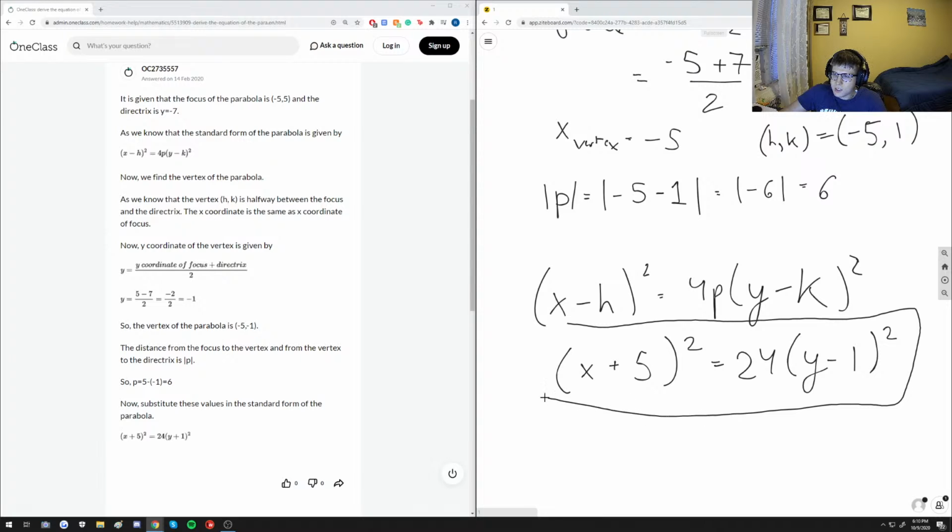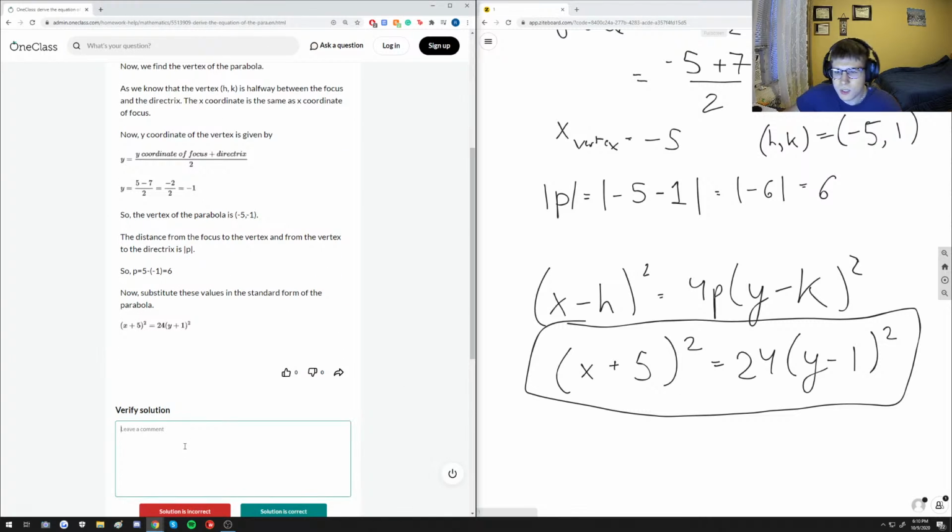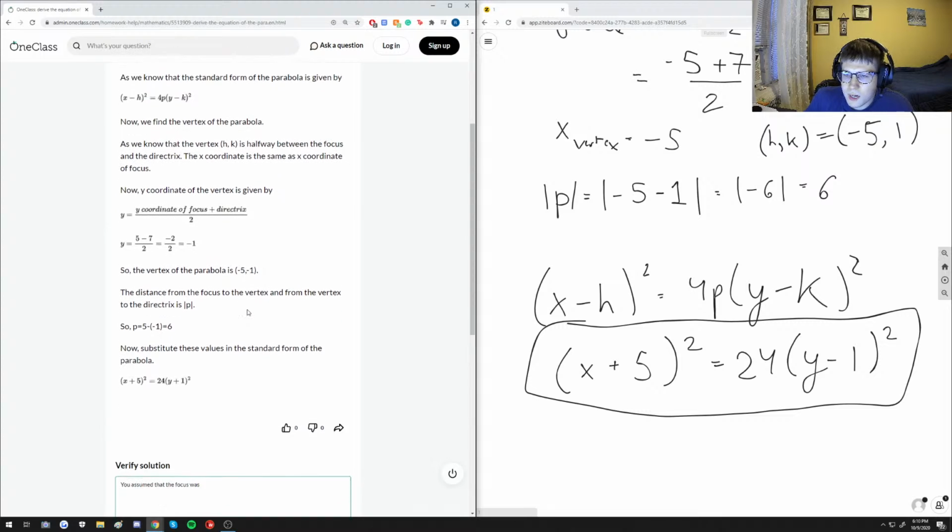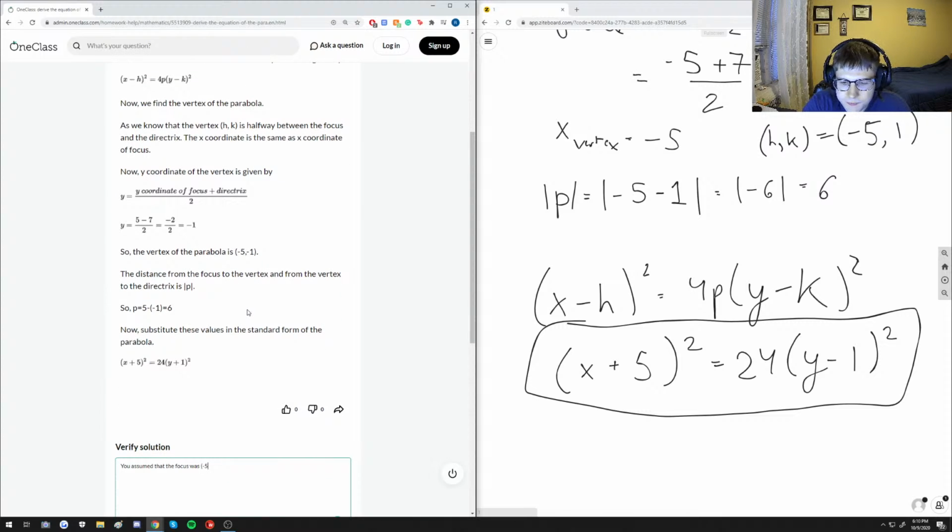Because the location of the vertex was incorrect, I will have to point that out. You assumed that the focus was (-5, 5) when it is actually (-5, -5) in the problem.